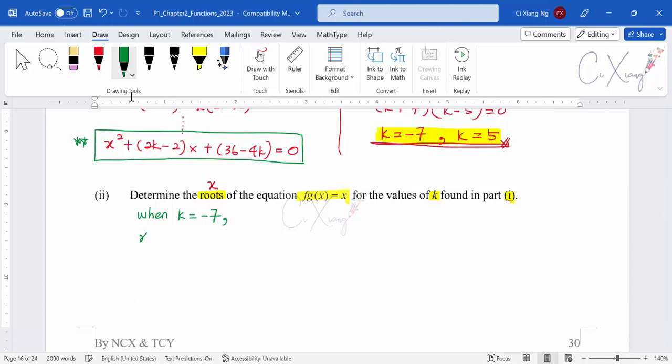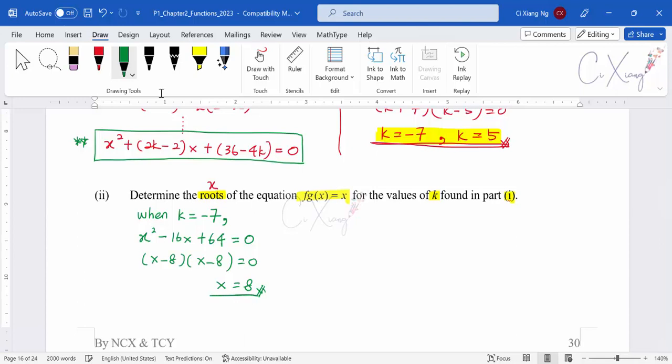By right, you should have x squared minus 16x plus 84 equals 0. Sorry, I think this is not 84, it should be 64. So x squared minus 16x plus 64 equals 0. From here, if you factorize it, you will have x minus 8 and also x minus 8 equals 0. And then x equals 8.